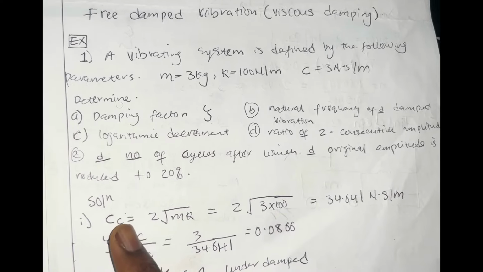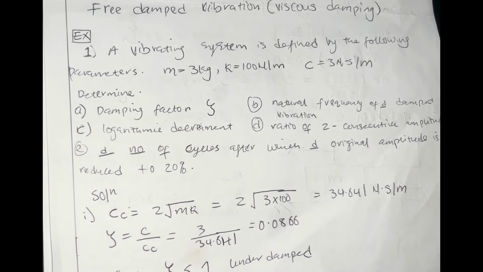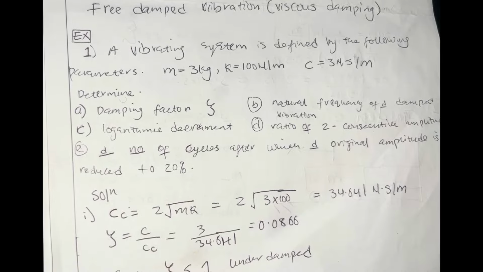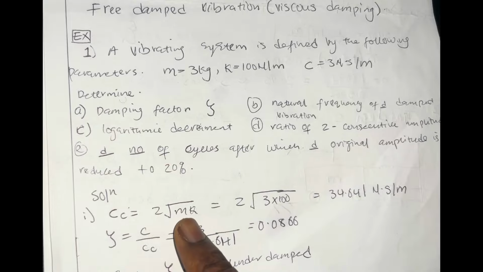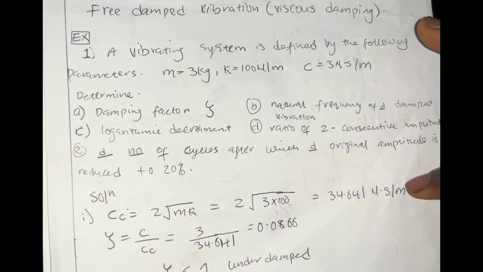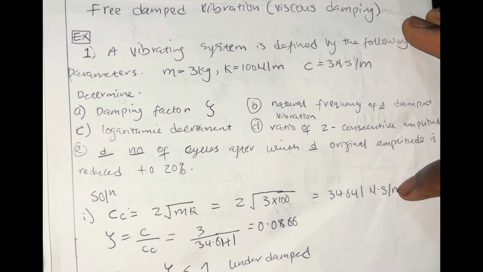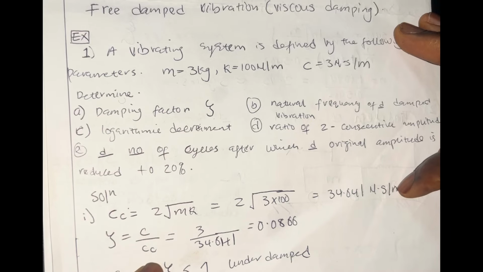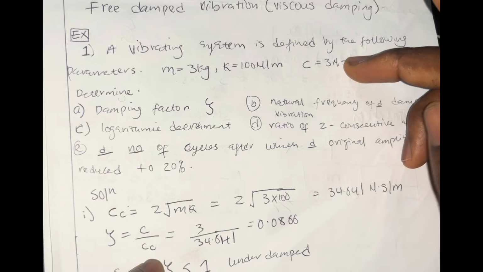So these are damping coefficients, the critical damping coefficient, CC. The standard formula is 2 square root of mk. Now, m is our mass, k is our spring stiffness. We get our critical damping coefficient. Now, our damping factor is C over CC, where C has already been given in the question.